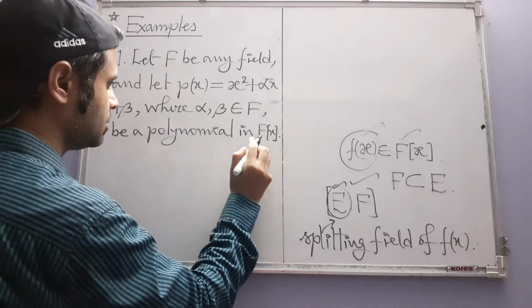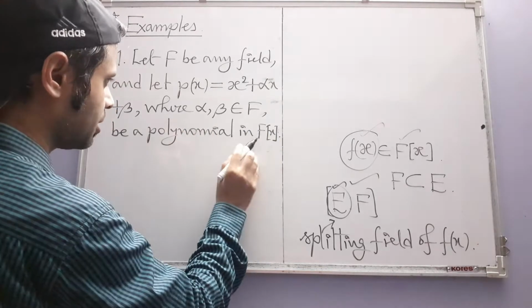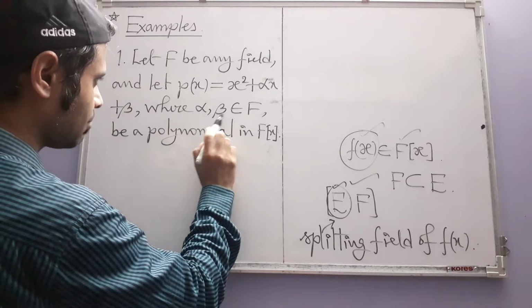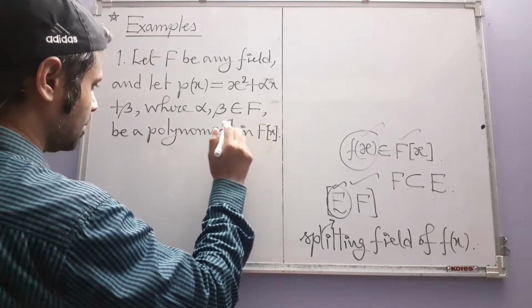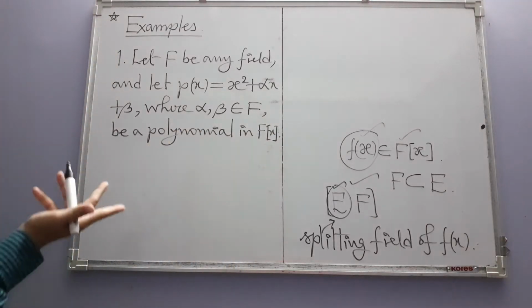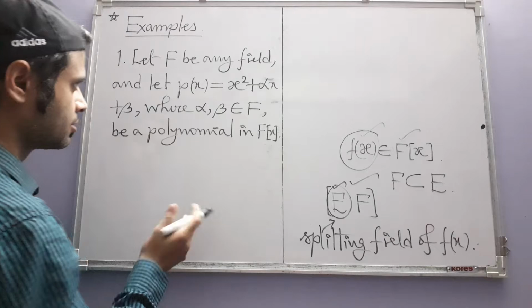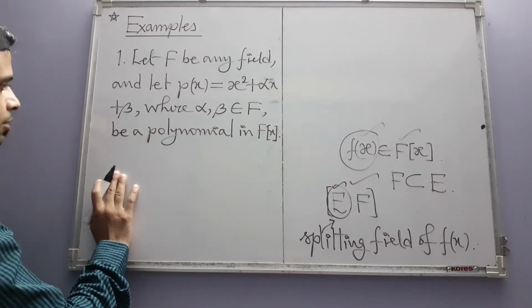Well, of course, if we simply say it's a polynomial in F[x], that automatically means alpha and beta belong to F. But Herstein chose to write like this. That's not a very big problem.